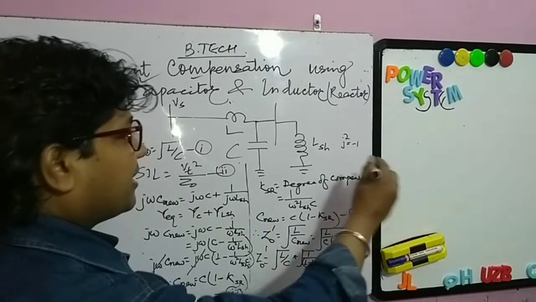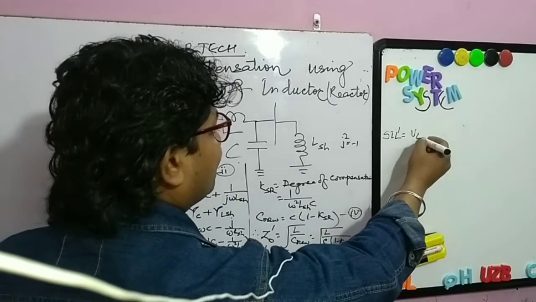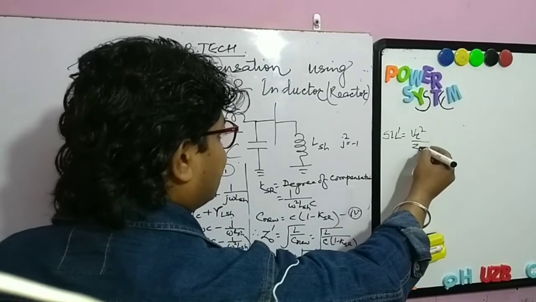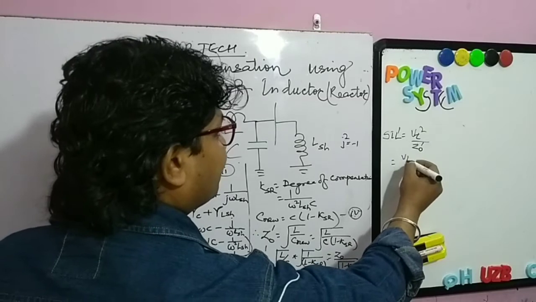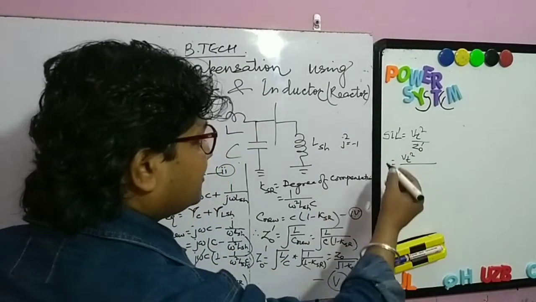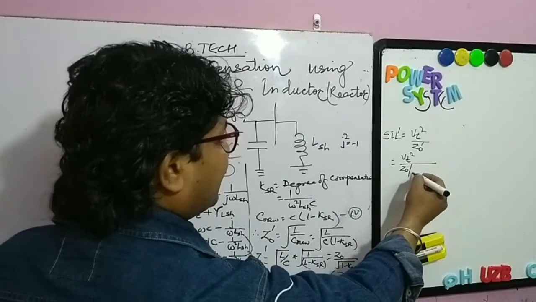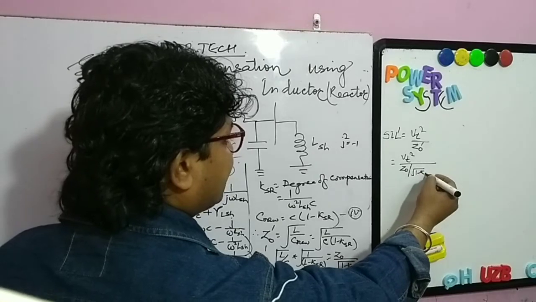Now we can write SIL dash, which will be equal to VT square upon Z0 dash. In place of Z0 dash we write Z0 by the square root of 1 minus K_SR.